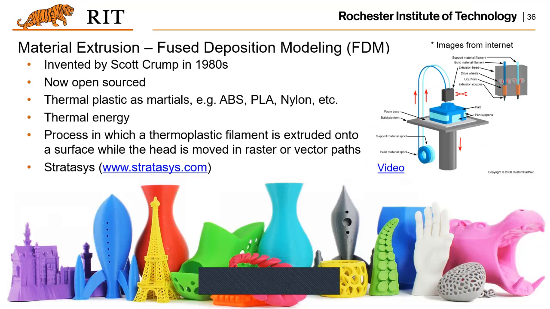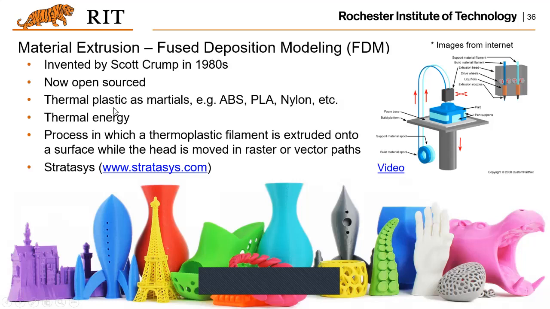And another very popular additive manufacturing process is the material extrusion. And essentially, we have the fused deposition modeling that was invented by Scott Crump in the 1980s. And he founded the Stratasys company, which is, again, a main player of 3D printing.